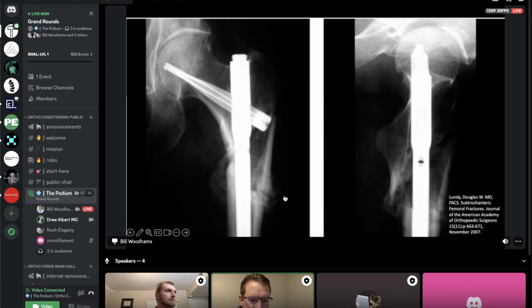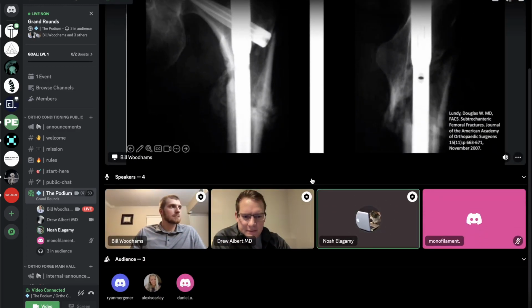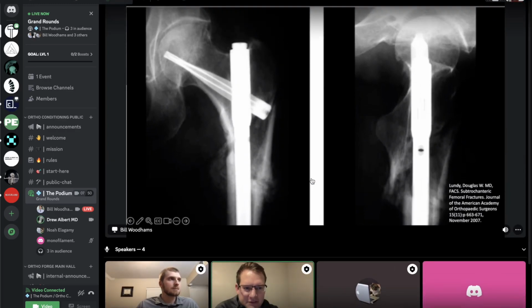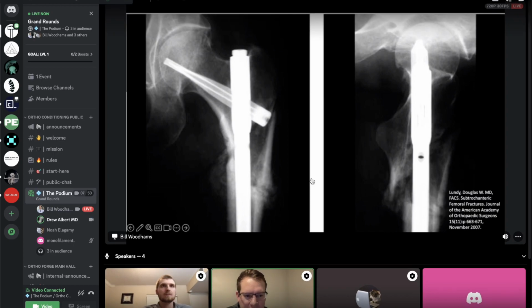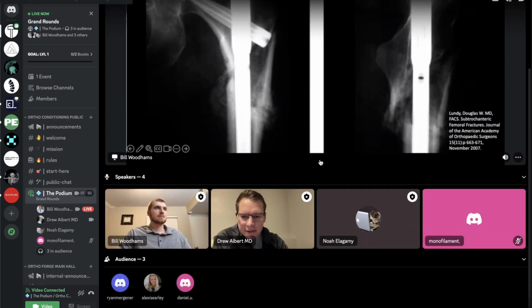So your lesser trochanter is a good marker of which way is posterior and which way is anterior. Okay, yeah, I see what you're saying now. It's just not the way we're used to seeing it in the software imaging systems we use. But any questions from any of that discussion?